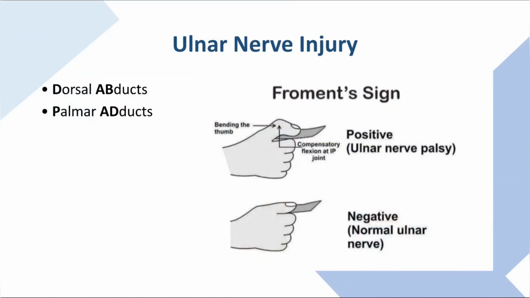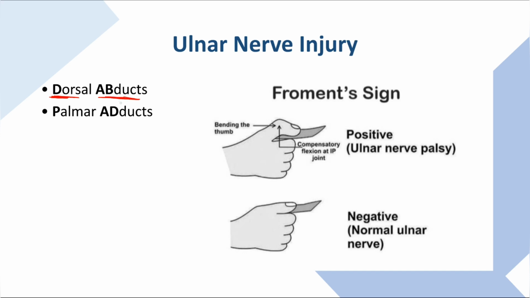About the ulnar nerve, because the ulnar nerve supplies the intrinsic muscles of the hand, both the palmar and the dorsal. The dorsal ones abduct the fingers.